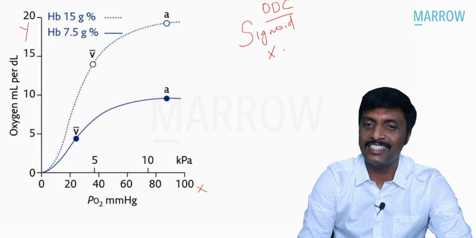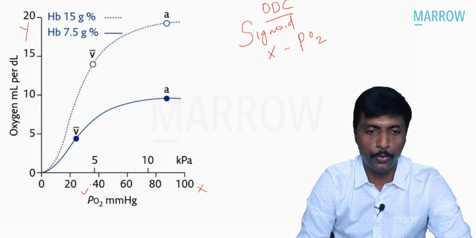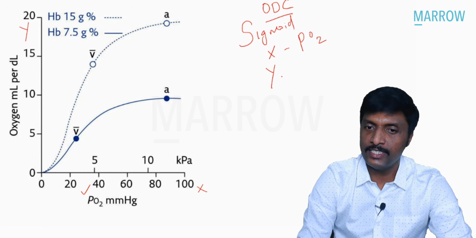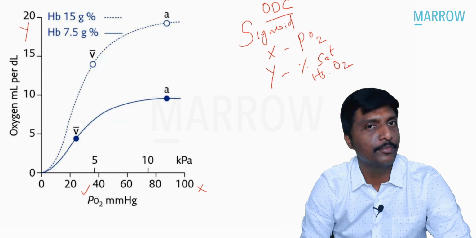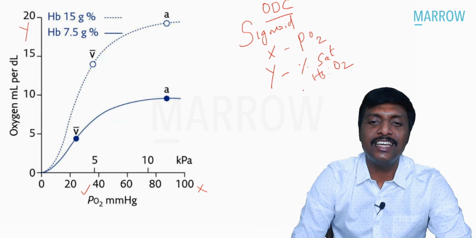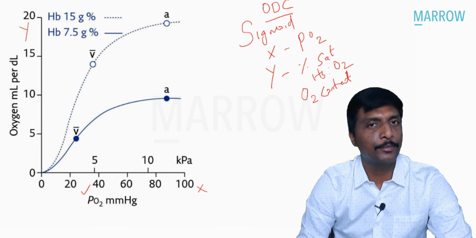What is the x-axis? Partial pressure of oxygen. What is the y-axis? The y-axis is the percentage saturation between hemoglobin and oxygen. We call this percentage saturation the oxygen content.